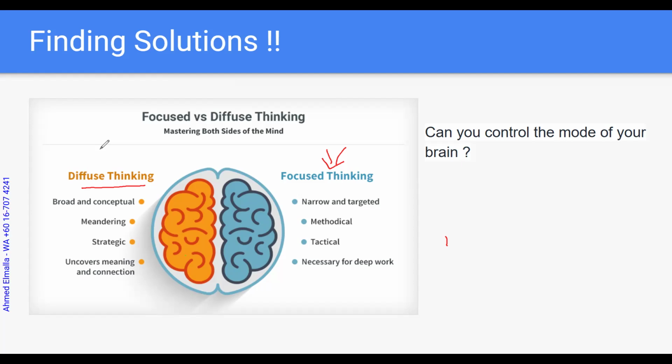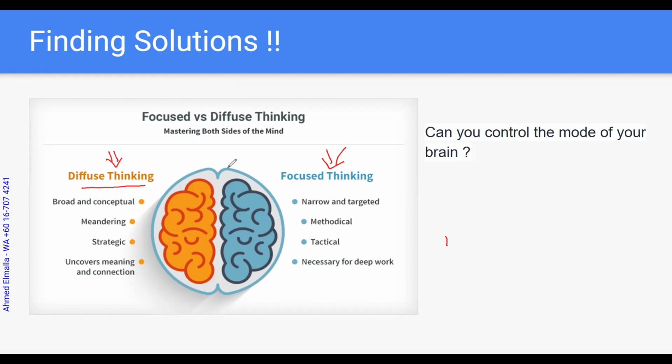By doing so, you are actually triggering the diffuse thinking mode. Okay, so you do that for 20, 30 minutes, then attempt to solve the problem or the exercise or the questions that you did not manage to solve the first time. So this is not in the exam; you do it when you're not in the exam.